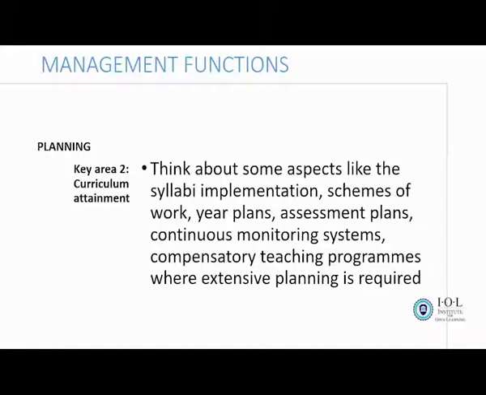For learners that do not progress as normal as every child, you need to have compensatory teaching programs. When do you do that? Do you do it in the afternoon? Do you do it towards the end of the day? Whatever. But all those require extensive planning.